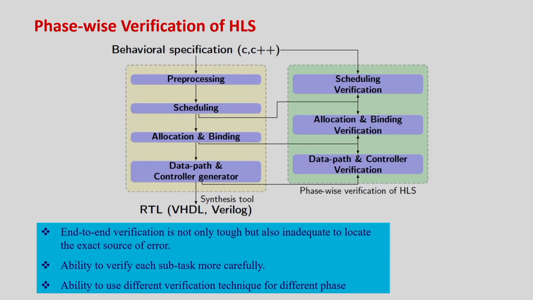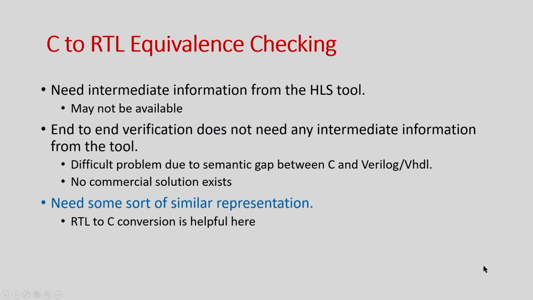Now, phase wise verification is actually good, since it verifies every phase and you can pinpoint which phase the bug occurs in. The bug might occur in the scheduling phase, it might occur in the allocation phase or so on, right. So, it can pinpoint that.